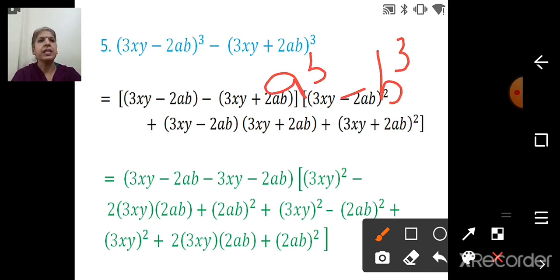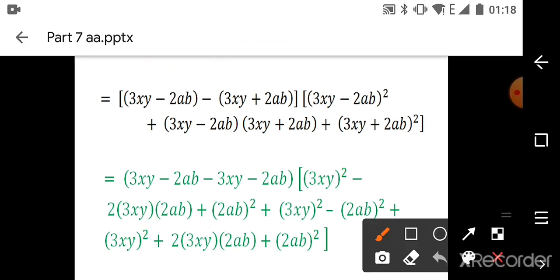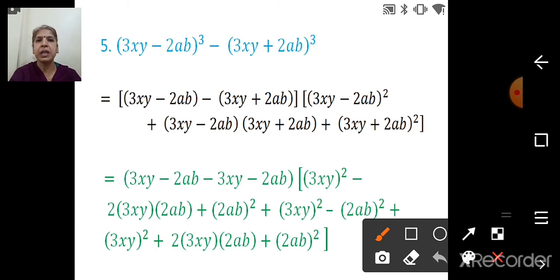So our first term, that is, in place of a we are having 3xy minus 2ab, and in place of b we are having 3xy plus 2ab. So we are using the formula a cube minus b cube. And what is the formula? (a minus b), the whole bracket, multiply with (a square plus ab plus b square).